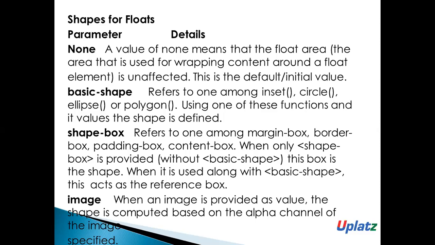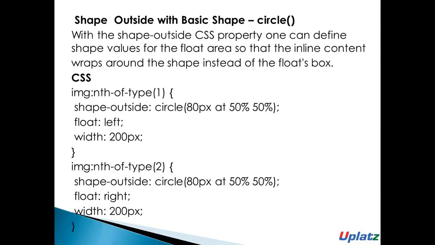Next is image. When image is provided as value, the shape is computed based on the alpha channel of the specified image. So you can give either shape box, basic shape, image or none, and based on your decision, you can give a parameter to shape your floats however you want.